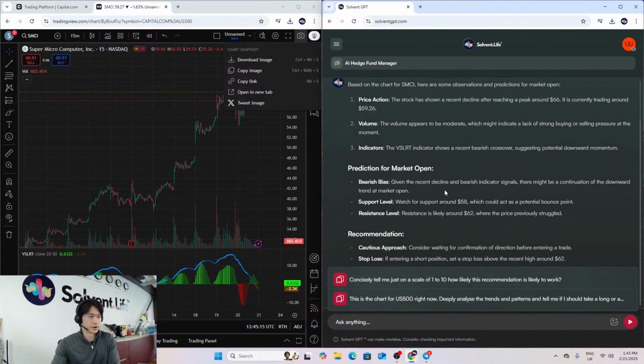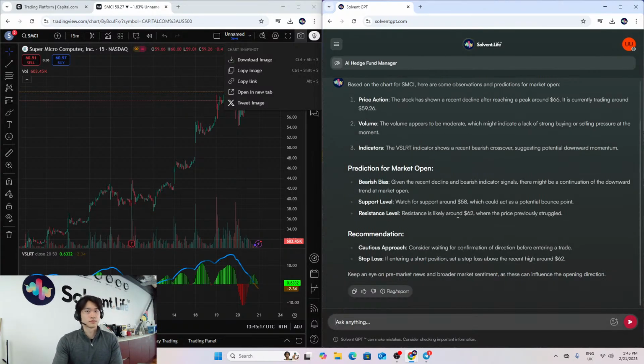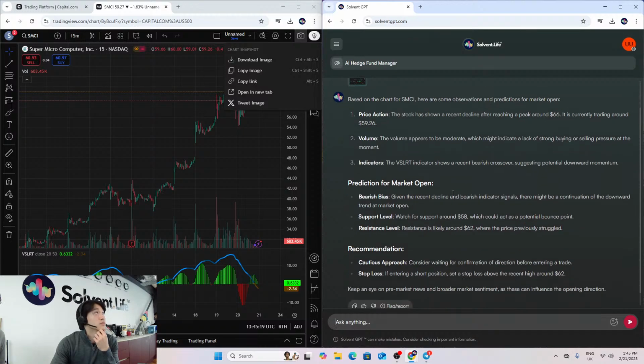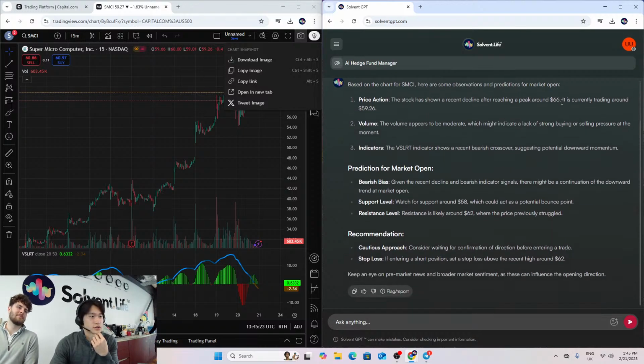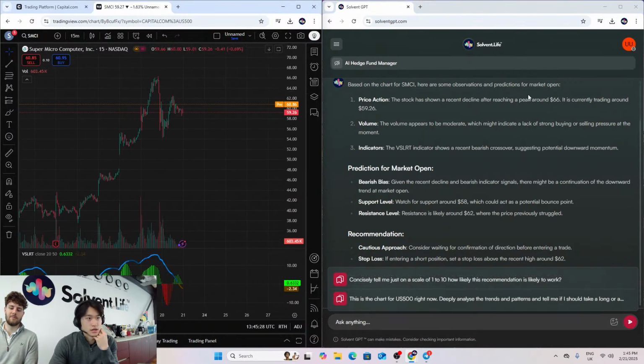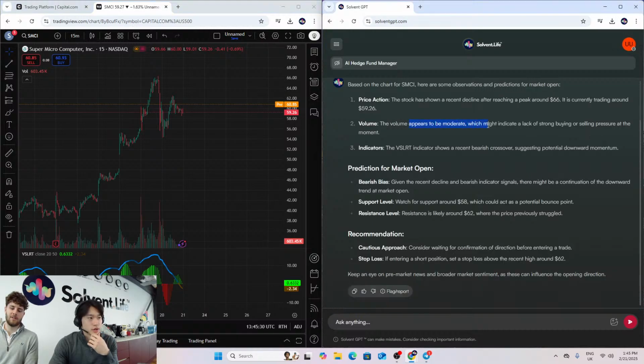Okay. Price action. Stock has shown a recent decline after reaching a peak of $66. Volume appears to be moderate, which might indicate a lack of strong buying or selling pressure.